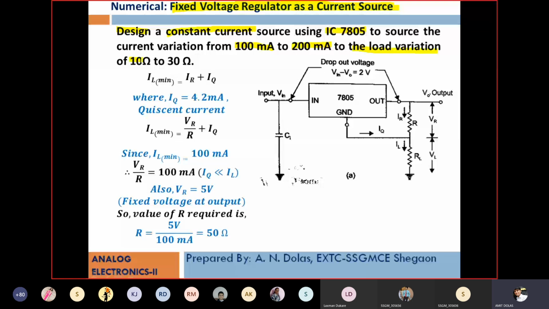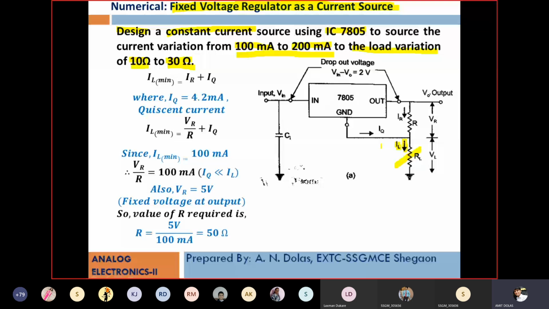This is the diagram of a current source using 7805 IC, wherein the current IL passing through the load will vary from 100 milliampere to 200 milliampere, and of course this load RL is variable, from 10 ohm to 30 ohm.